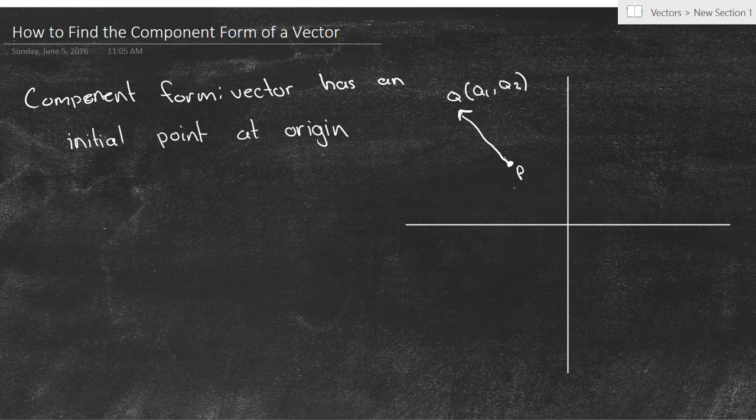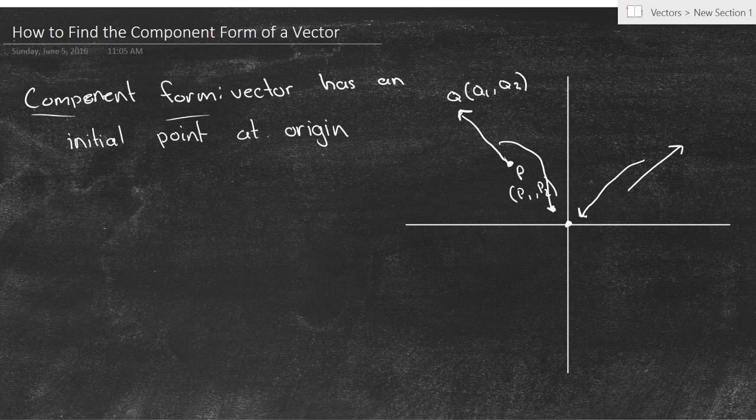So Q1, Q2, and then P1, P2. But we don't really know the length and magnitude of it because it's not starting here. So we can't compare it to a vector like over here. We have to have a starting point, and that starting point is the origin. So what we're trying to do is move this vector to start at the origin, and this vector to start at the origin. And that's what component form is.